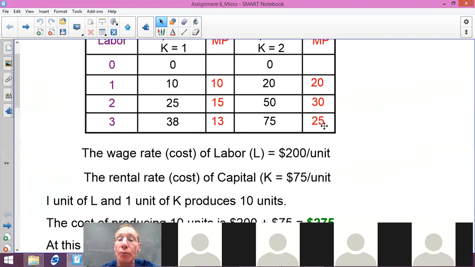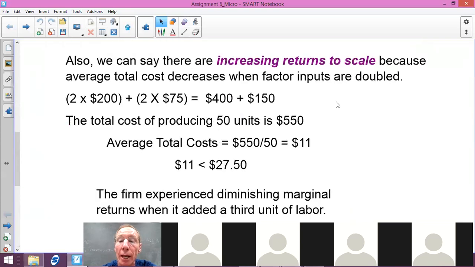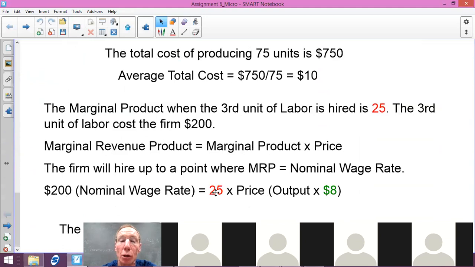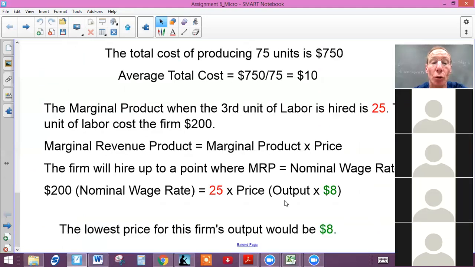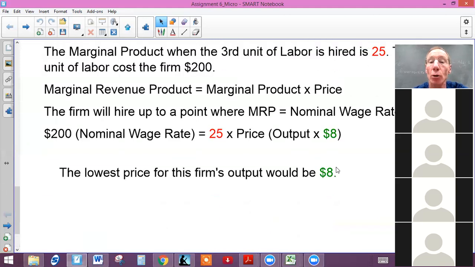Because if the price for each one of these units is $8, then the marginal revenue product is going to be 25 times 8, which is 200. Okay? So the lowest price for this firm's output would be $8, in order for the marginal revenue product, which is the marginal product times price, to equal the wage rate.